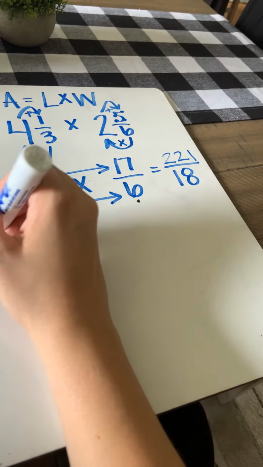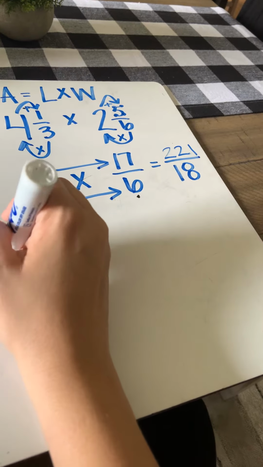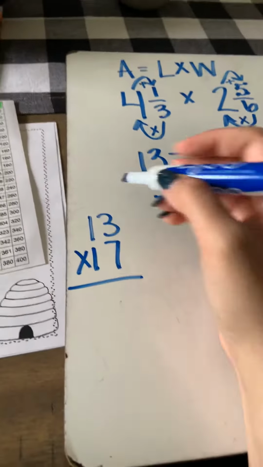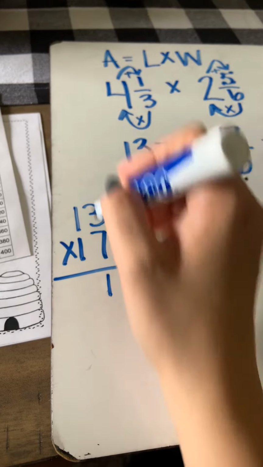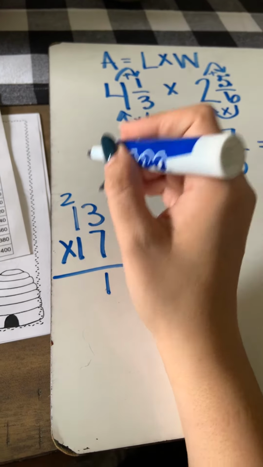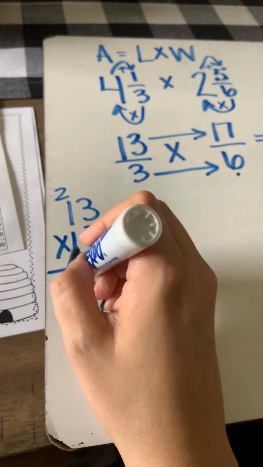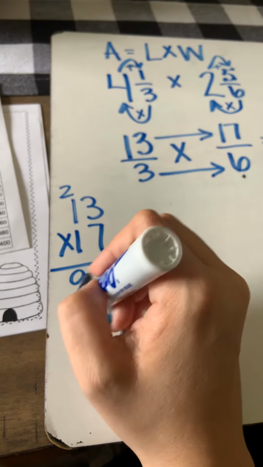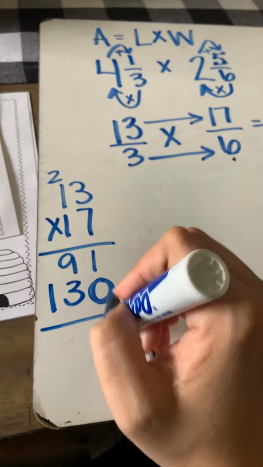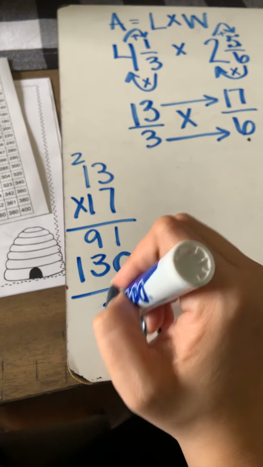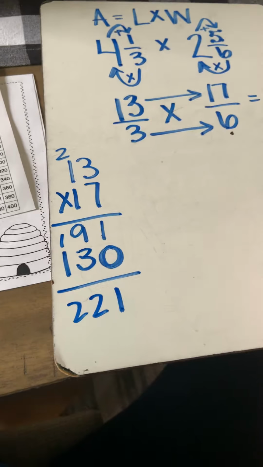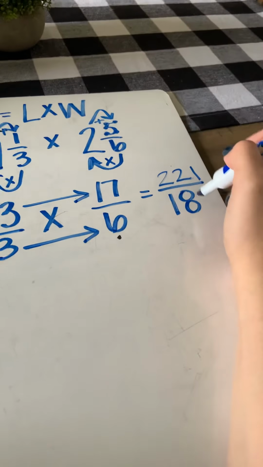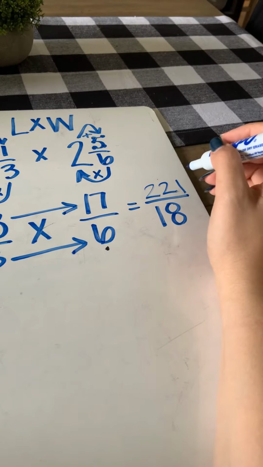If you want to do it the long way, 13 times 17, remember that you got to do 7 times 3 is 21. 7 times 1 is 7, plus 2 is 9. Placeholder, 1 times 3, 1 times 1. Add those up, 9, 10, 11, 12. You still get 221. So 221 over 18, that is an improper fraction.